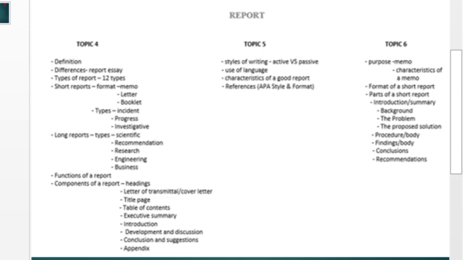Because in the working environment, a report would always have the same components, which are the headings, the letter of transmittal or cover letter, the title page, the table of contents, the executive summary, the introduction, the development and discussion, the conclusion and suggestions, and also the appendix.